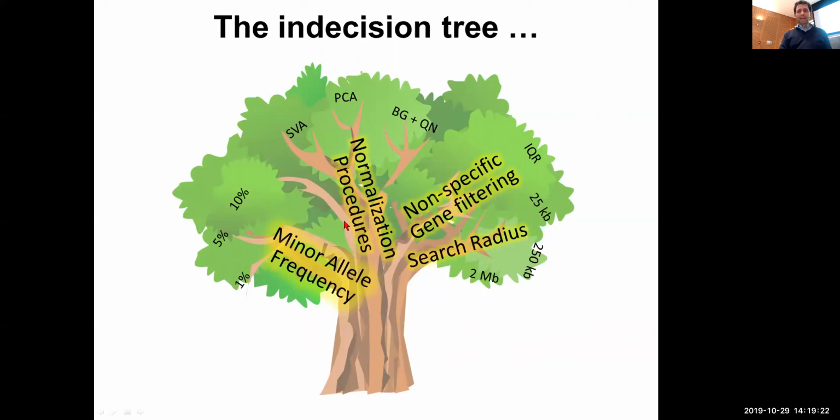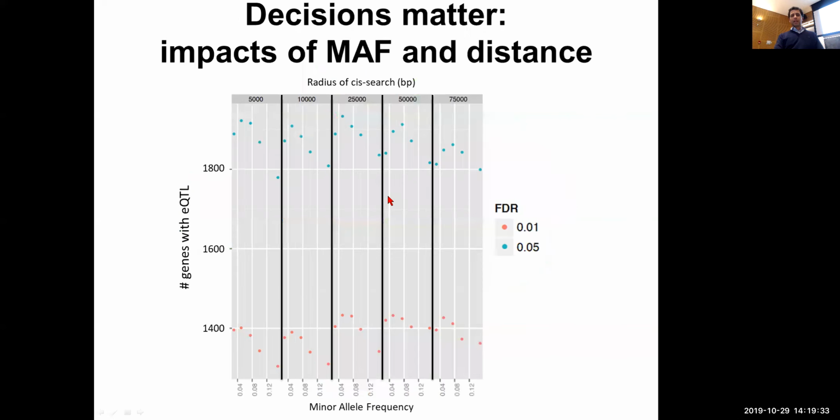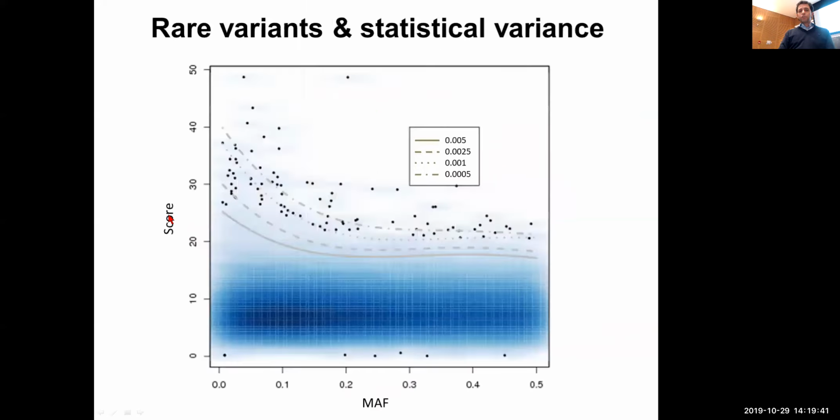So we talked about the minor allele frequency. We talked about sort of different normalizations. We talked about how wide of a search do I make and sort of the effect that these can have. Okay, so the minor allele frequency can basically give you more or less QTLs that you're discovering.